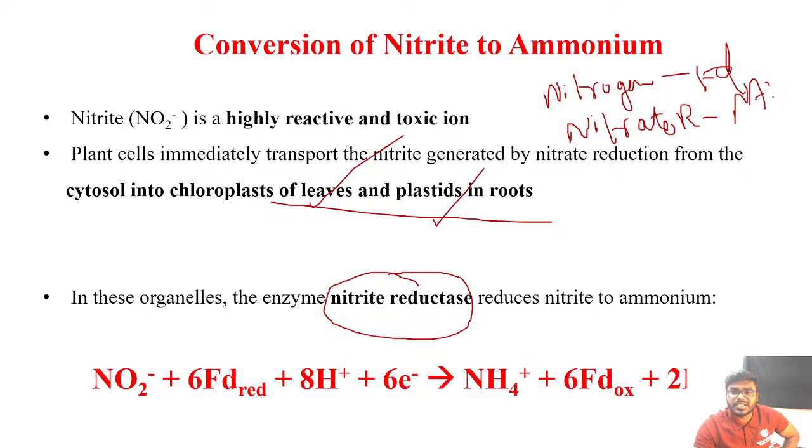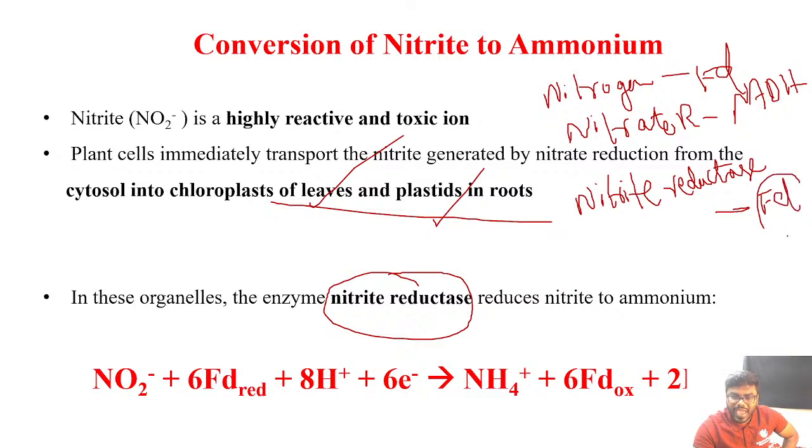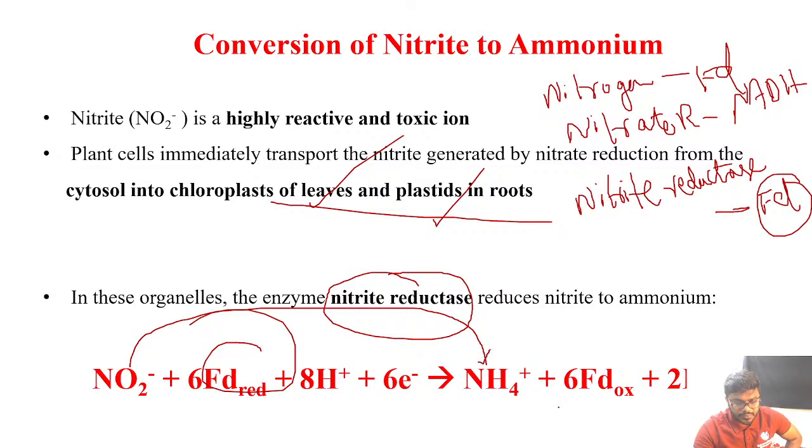My friends, please listen to me carefully. Once again, the electron donor for the nitrite reductase is what, friends? It will be the same, ferredoxin only. Don't forget and always remember. So NO2 can be converted into NH4 plus. You don't need to remember the equations, don't worry at all.